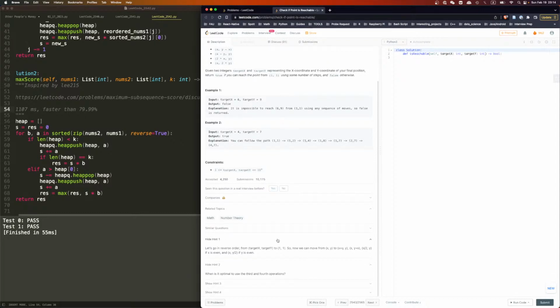When is it optimal to use the third and fourth operations? What do you mean, when is it optimal? I mean, the third and fourth are to reduce it by half, so it has to be even, right?